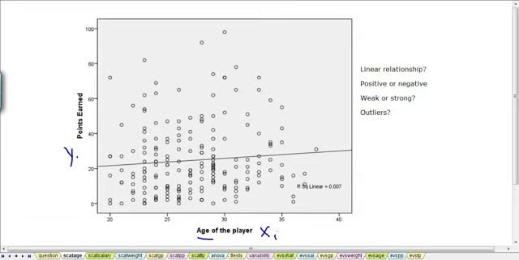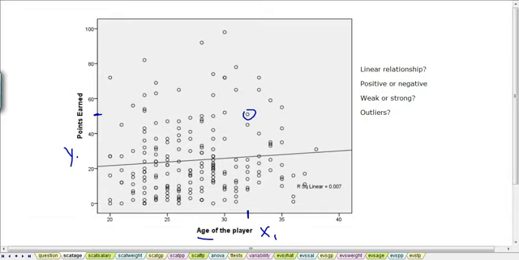And each of these points represents a particular observation from our data set, a particular NHL player for the 2007-8 season. So we can pick out one point, and we can see here this player was about 32, and they earned about 50 points during that NHL season.